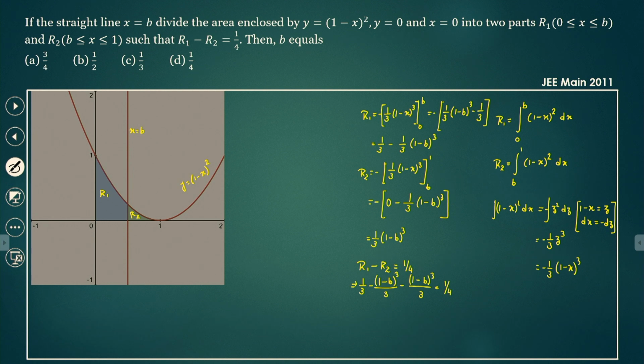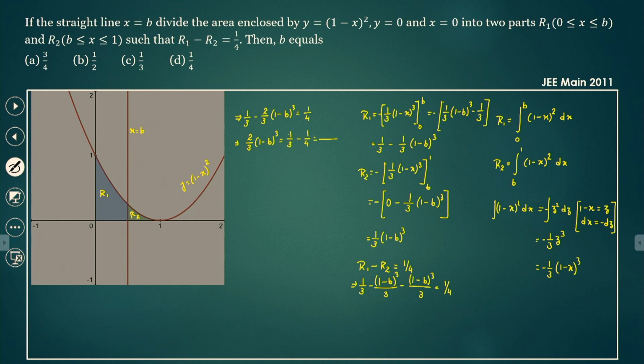So we can write it as 1 by 3 minus 2 by 3, 1 minus b whole cube, equal to 1 by 4. That implies 2 by 3, 1 minus b whole cube, is equal to 1 by 3 minus 1 by 4.